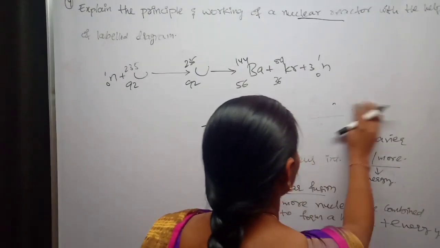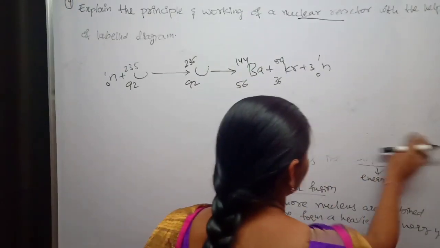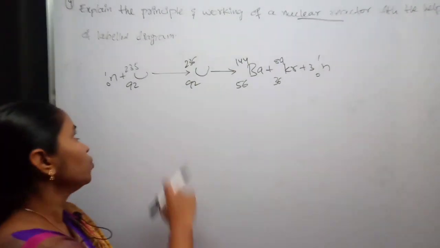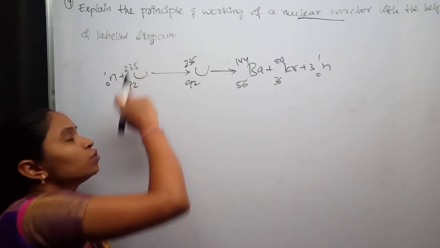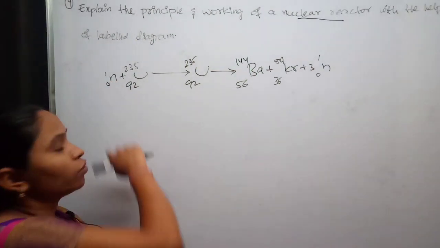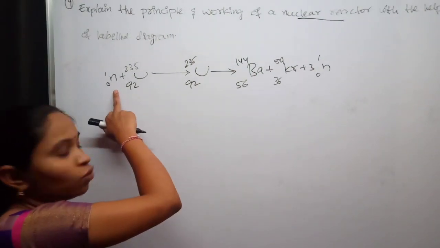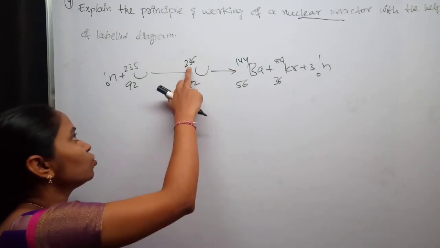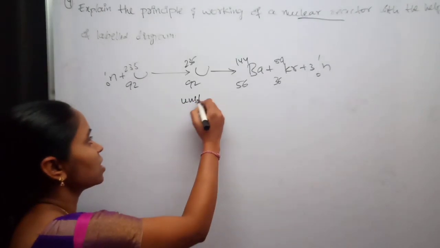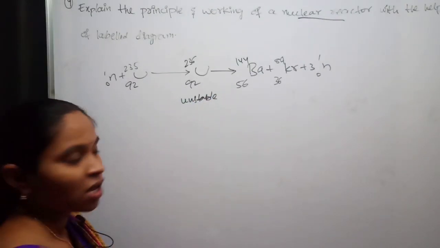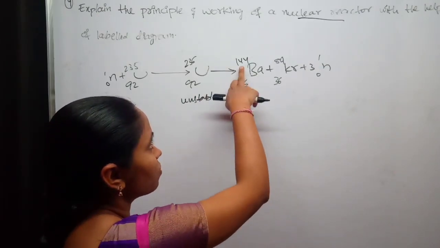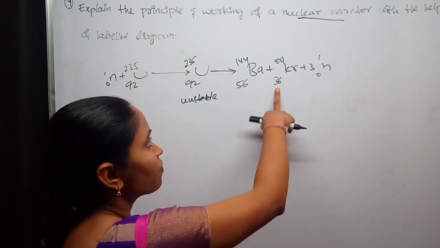Here I am considering uranium. I am taking uranium-92-235, which is a heavier nucleus and is combined with the neutron to form a uranium-92-236 nucleus, which is unstable and is broken into barium-56-144 and krypton-36-89.